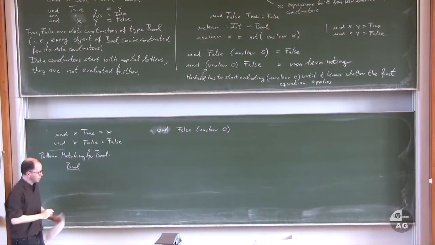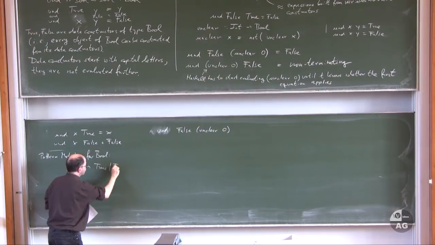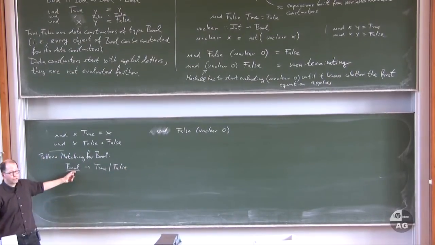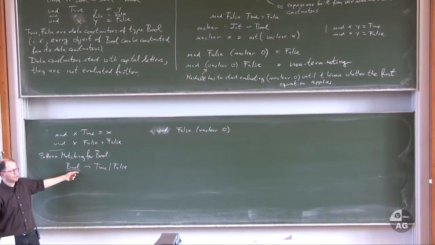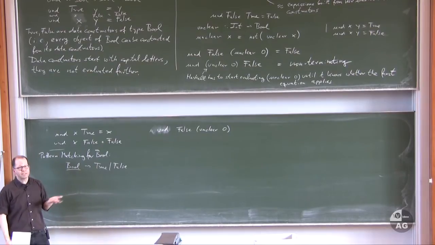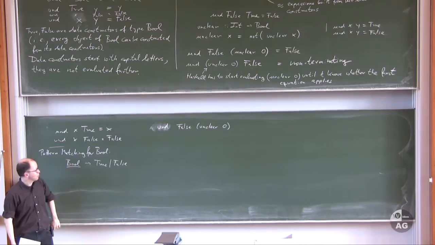If I want to have a Boolean value, well, then the value is either true or false. So if you want to define the concept of Bools by a grammar rule, you could do it like this. Bool is either true or false. And pattern matching means essentially I do a case analysis corresponding to this grammar rule.